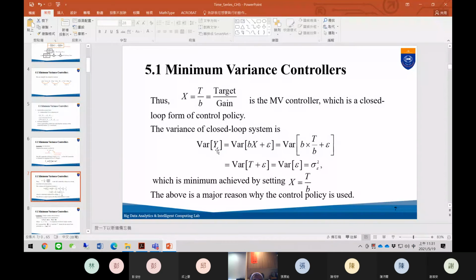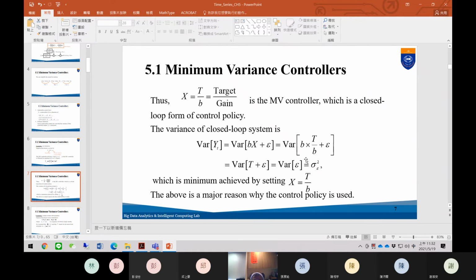So the variance of Y_t equals Bx plus epsilon. So x is target divided by B. Just plug in here. So the B's cancel out. The T plus epsilon_t: T is a constant. So the variance of a constant plus a random variable equals the variance of the random variable.